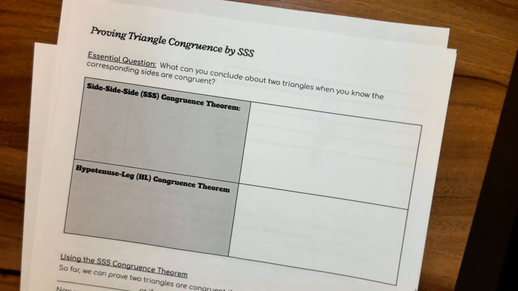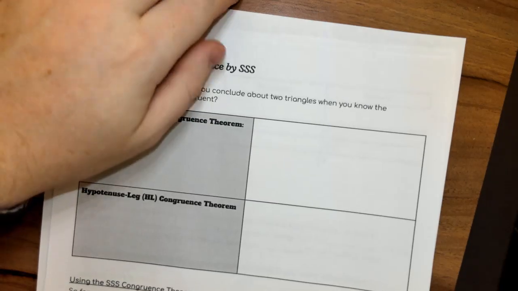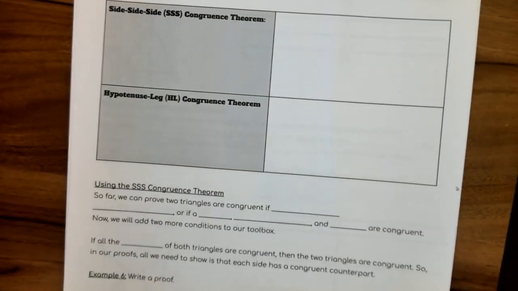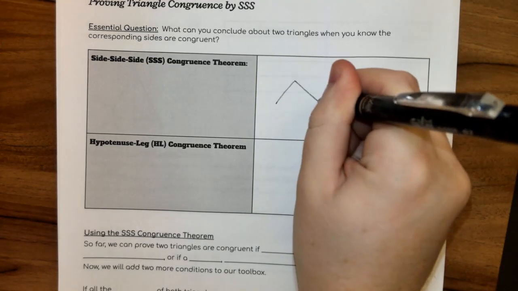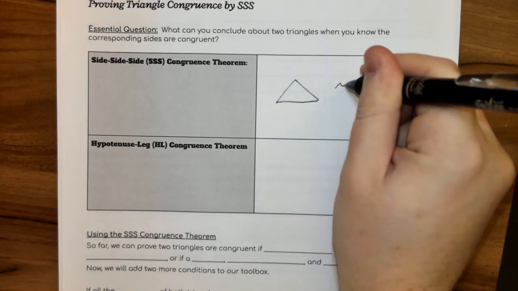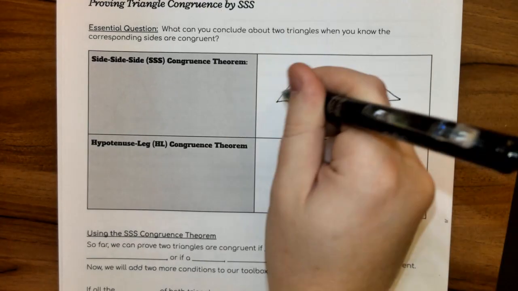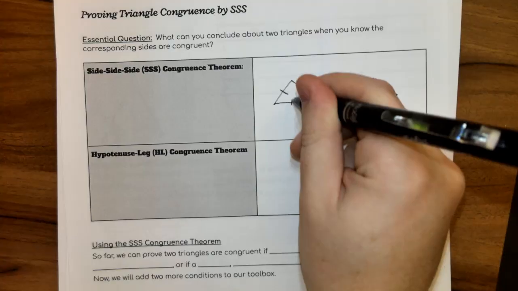I'm going to teach you 2 more shortcuts here as well. These 2 congruence theorems are just 2 other shortcuts, so you don't need to prove 6 different things about a triangle just to show they're the same. So let's take a look at these. Starting with the side-side-side congruence theorem, or SSS. If you have 2 triangles, and you know that all their sides are the same length, well, think about it.